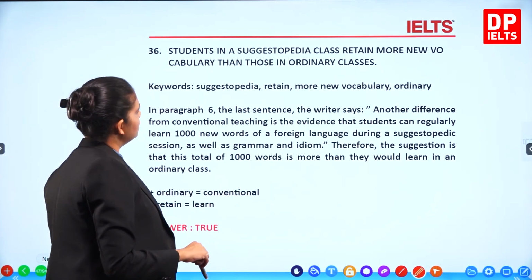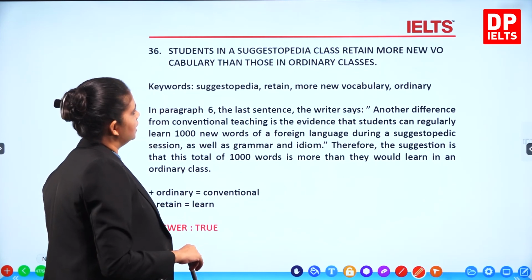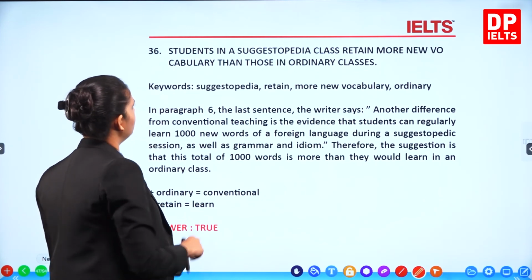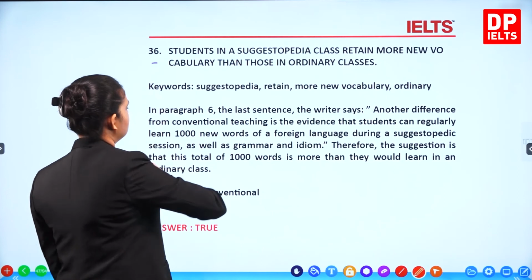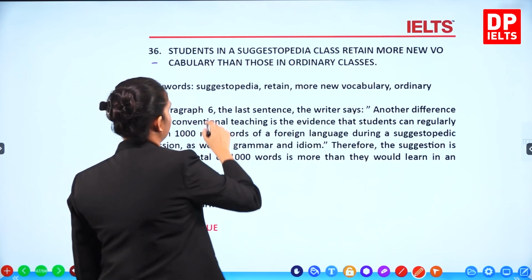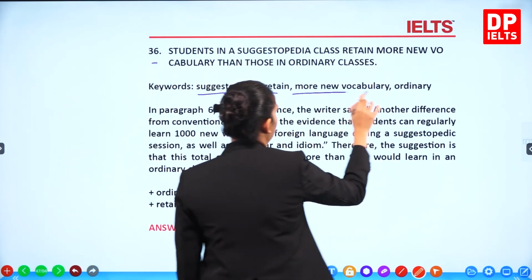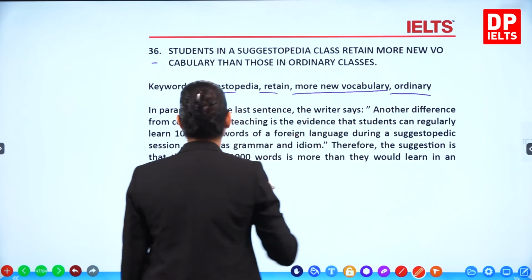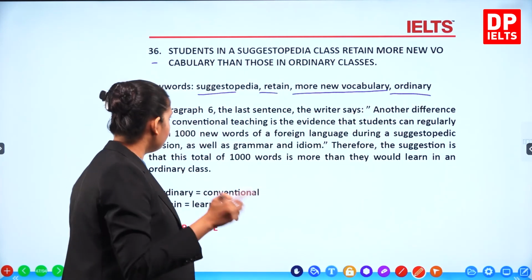36. Students in a Suggestopedia class retain more new vocabulary than those in ordinary classes. So, Suggestopedia, retain more new vocabulary, ordinary are your keywords.